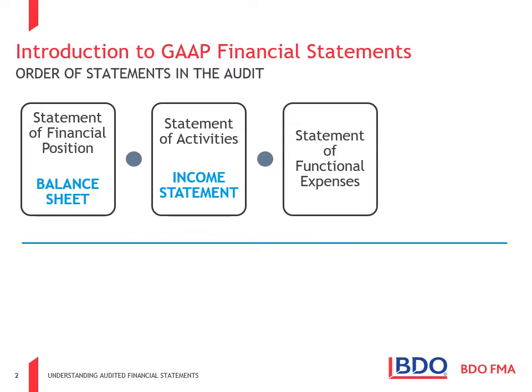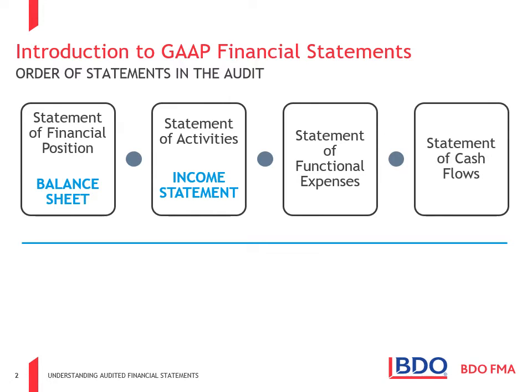Next, we have the Statement of Functional Expenses. This is not known as anything in the corporate sector because there is no equivalent of the Statement of Functional Expenses in a for-profit audit. However, nonprofit organizations are required to report expenses by function and nature, which we'll look at a little more closely in a bit. Finally, we have the Statement of Cash Flows, which is also known in the for-profit sector as the Statement of Cash Flows.